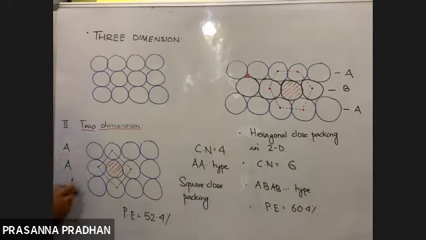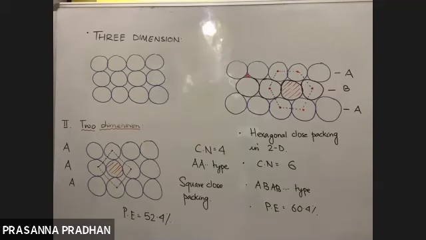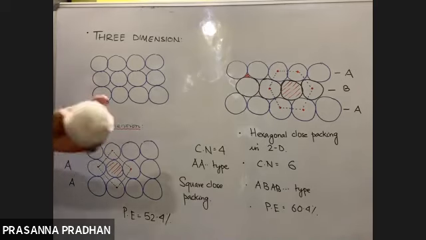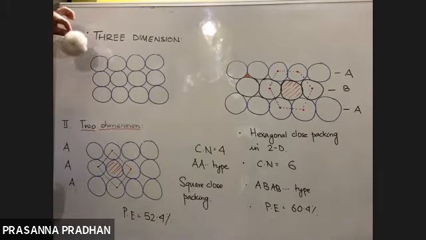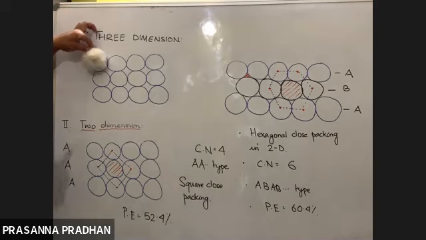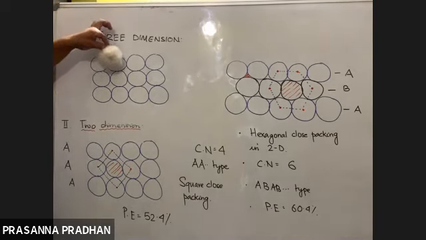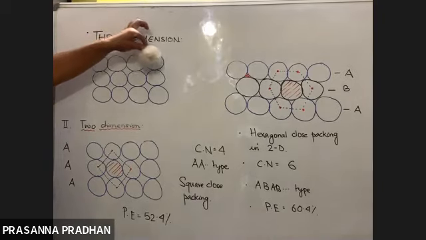Now, these are spheres, remember, these are balls. Now, how can you keep the second layer of spheres? Now, suppose this is a ball, a sphere. Can I keep the second layer of spheres on top of this? Can I keep it like this? Yes, sir.